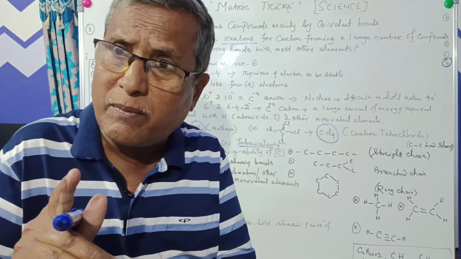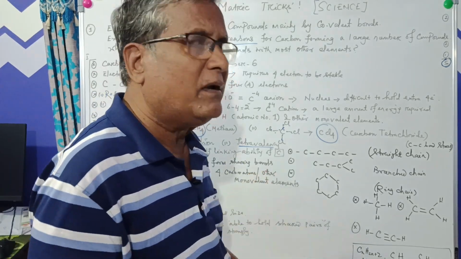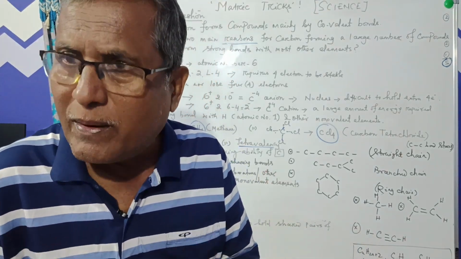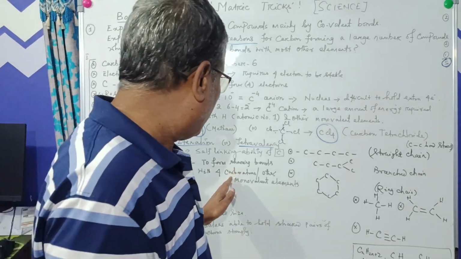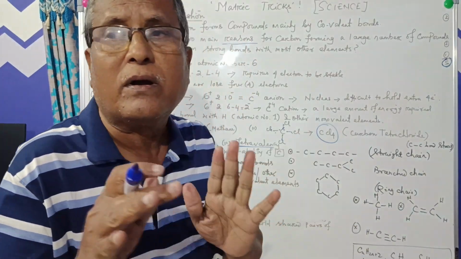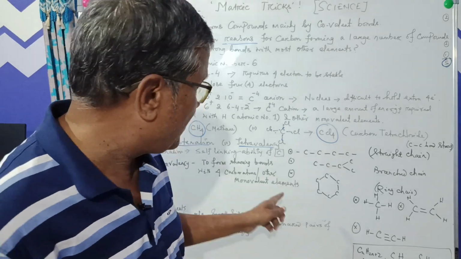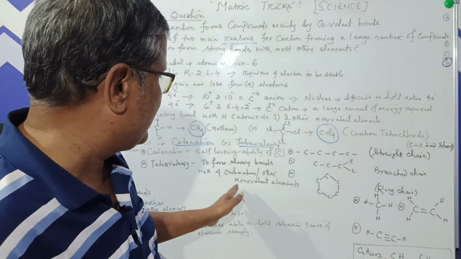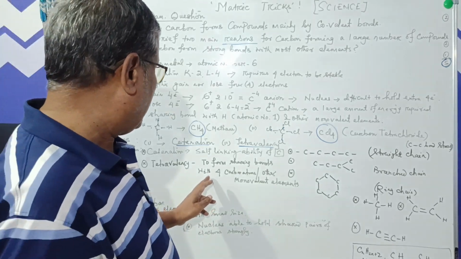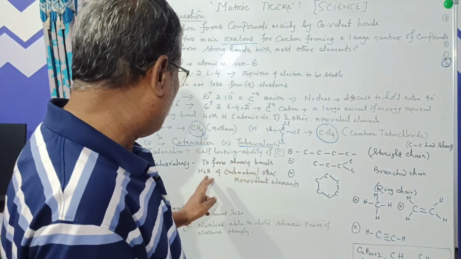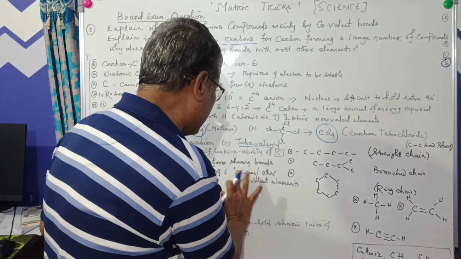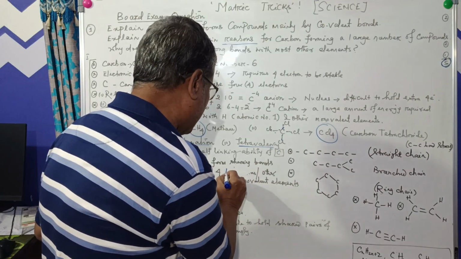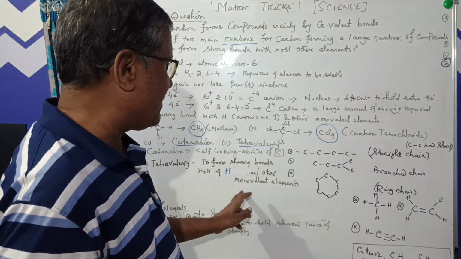Due to the tetravalent nature, carbon establishes covalent bonds with 4 other carbon atoms, or 4 hydrogen atoms, or atoms of other monovalent elements.